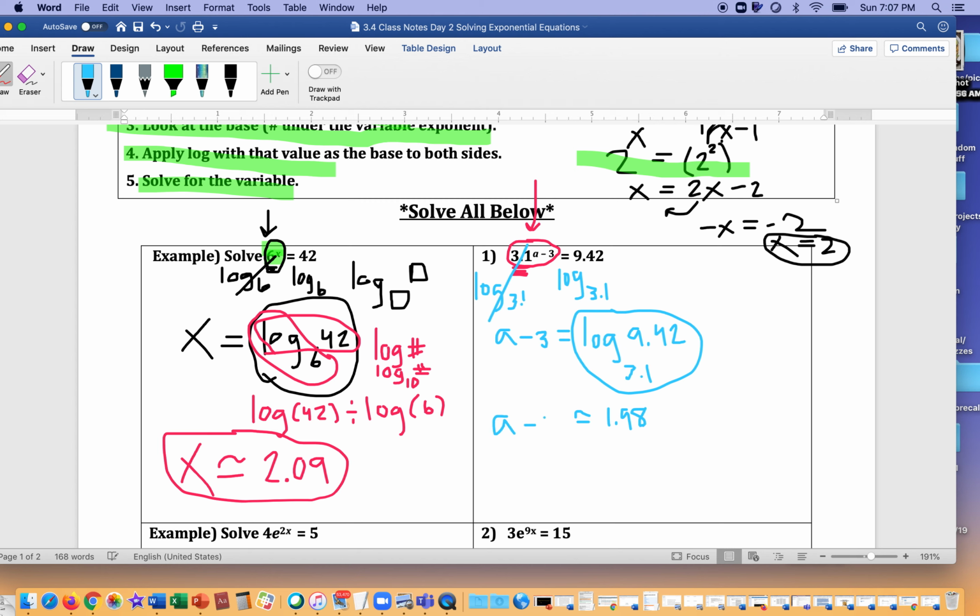When your base and your argument are both numbers, this is an expression, this is a value, this is a number, so it's 1.98. And then we're going to solve for a, so we add 3 to both sides. So a is approximately 4.98.